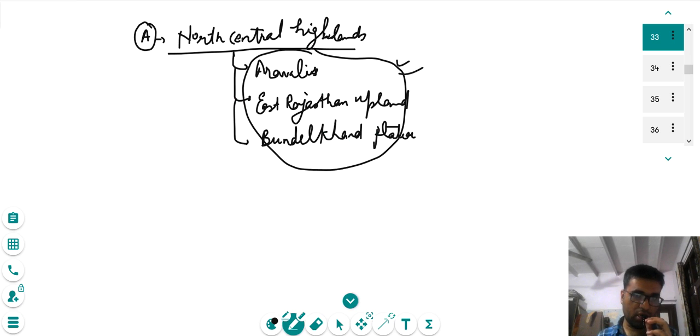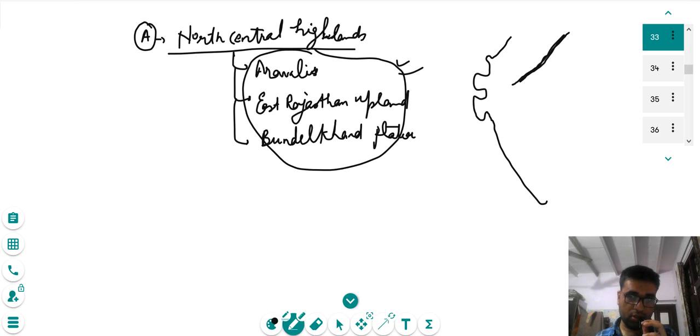In the map, if you see, this is the map of the western side of India. This is the Aravali Mountains here, stretching from the Alwar district to Palanpur in Gujarat.